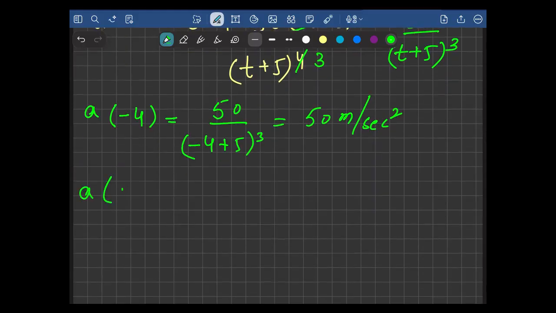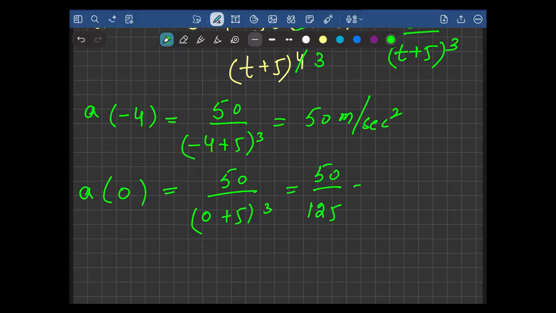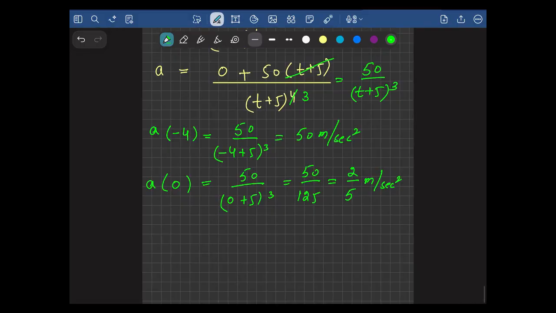The other endpoint is 0, so a at 0 is 50 over 0 plus 5 perfect cube, equals 50 over 125, which simplifies to 2 over 5 meter per second. That's the acceleration at the other point.